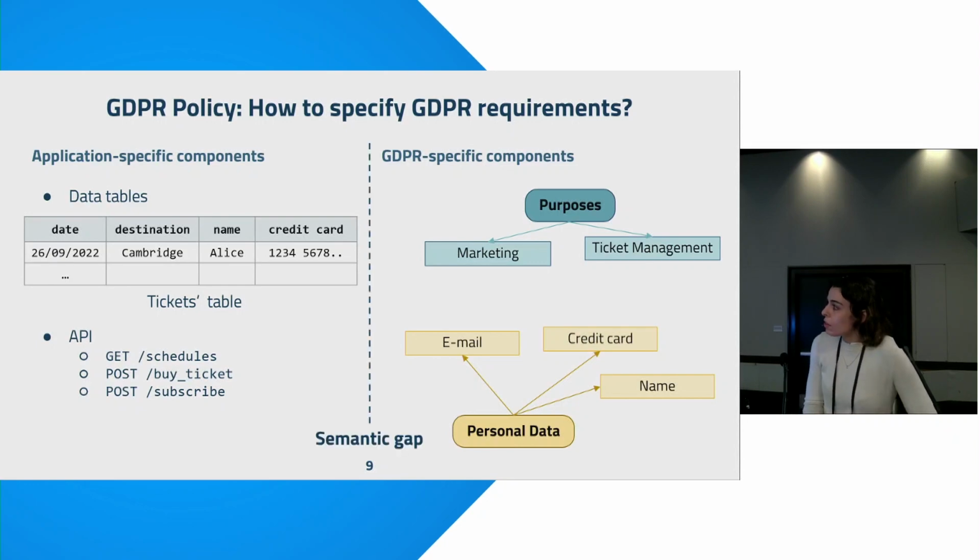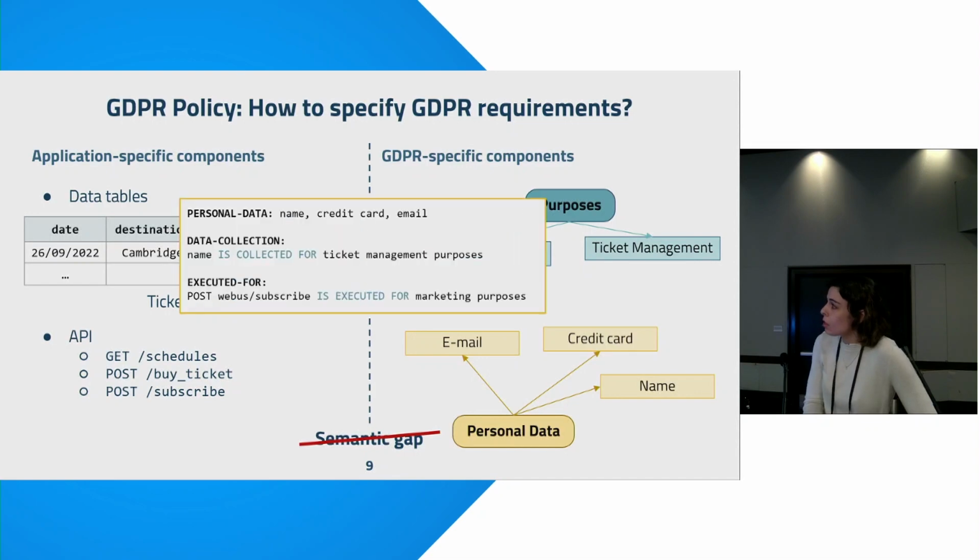So we have here a semantic gap that we narrow by writing the policies using a simple DSL in a way that it's still easy to manage by developers. With this DSL, we can specify things like which data is considered to be personal, for which purposes it is collected, and for which purposes each operation should be executed for.